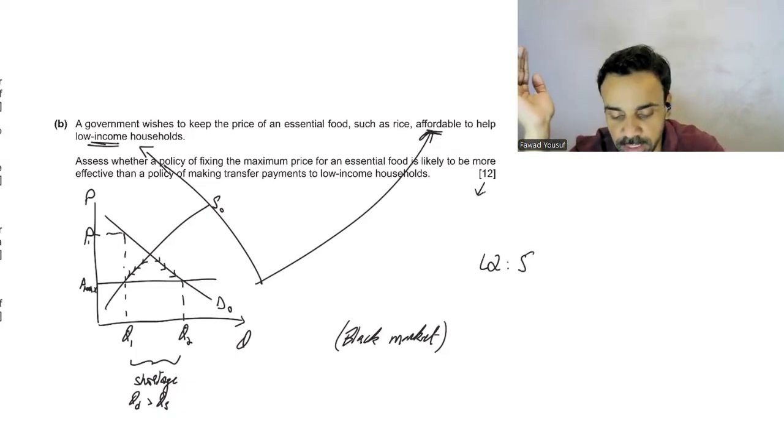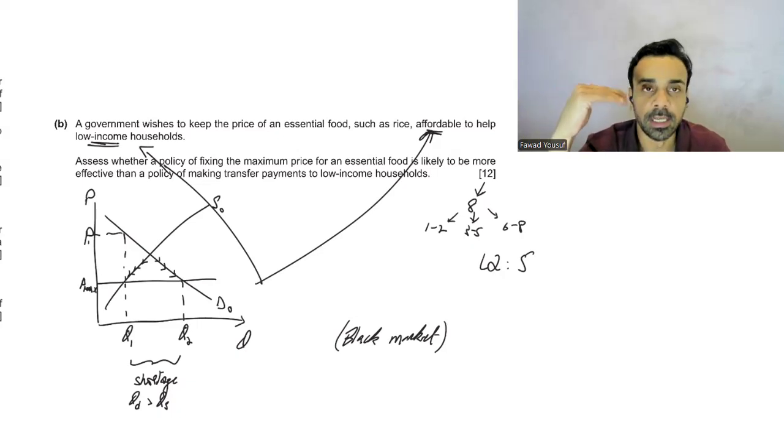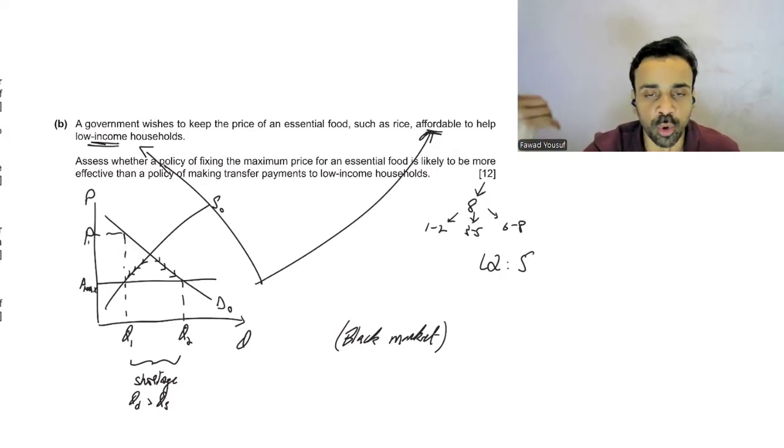Remember the marking is out of 8. Level 1 gives you 1 to 2 marks, level 2 gives you 3 to 5 marks, and level 3 gives you 6 to 8 marks. तो maximum price के अंदर, if you do both sides of the argument nicely with the graphs and maximum points, I'll give you maximum ticks. 5 ticks हो गए, even 6, 7 ticks भी हो गए.